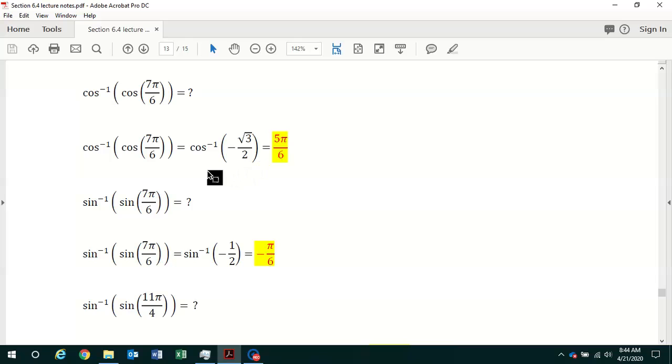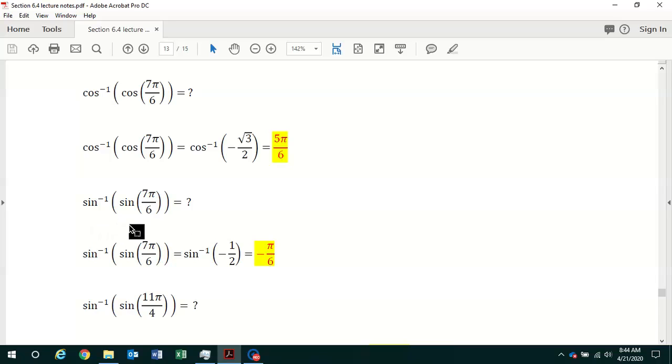And from page 9 of your notes, we know the inverse cosine of minus square root of 3 over 2 is equal to 5 pi over 6 radians. So again, the inverse cosine and cosine did not cancel in the composite because 7 pi over 6 is outside the range of the inverse cosine function. So this composite is equal to 5 pi over 6 radians.